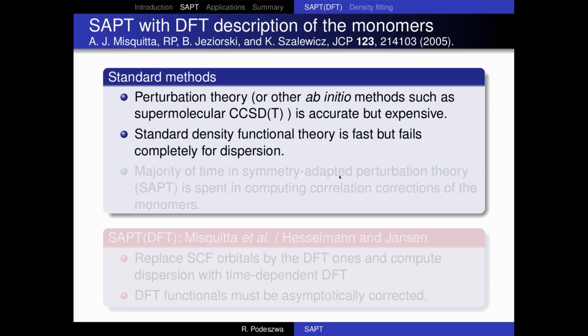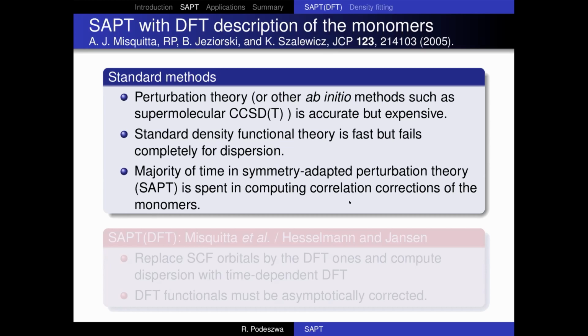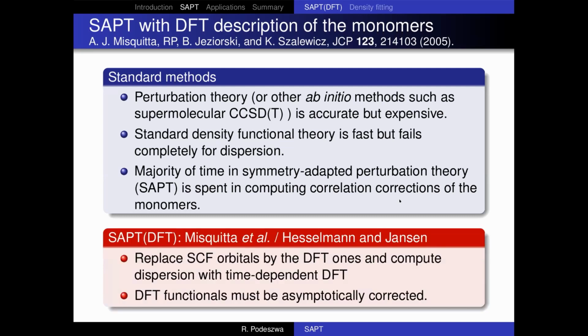But actually, it turns out that most of the time in SAPT was used not in computing interaction part, but actually in computing correlation in the monomers. So the idea was to actually use DFT where it shines, where it can be used for calculating monomers. You have some implicit correlation within monomers.